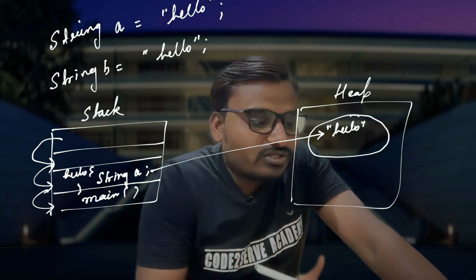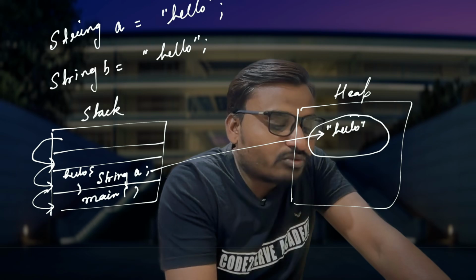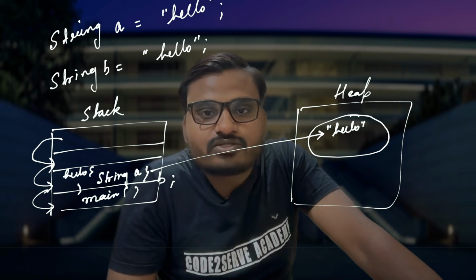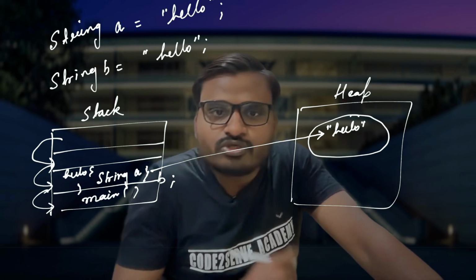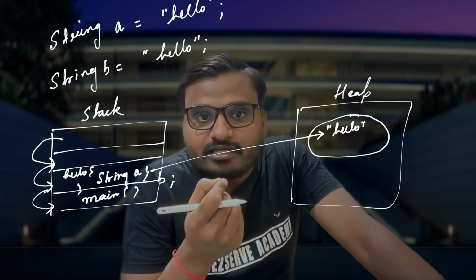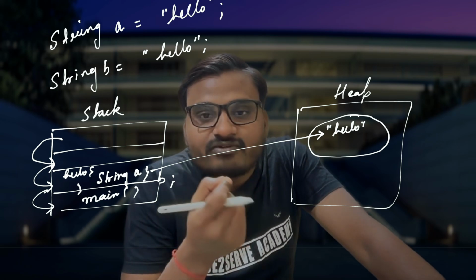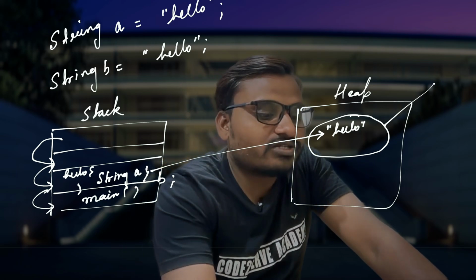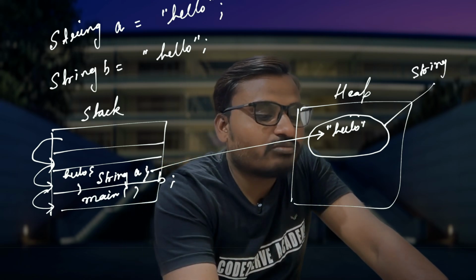Now suppose you have also declared b, and b's value is also hello. So instead of creating another hello, first it checks in the string pool. So this is your string pool.